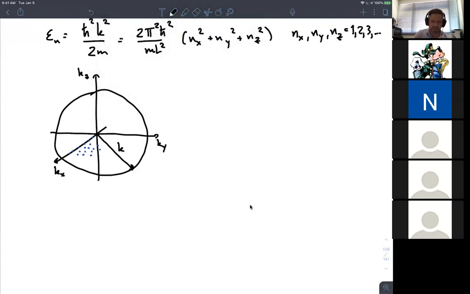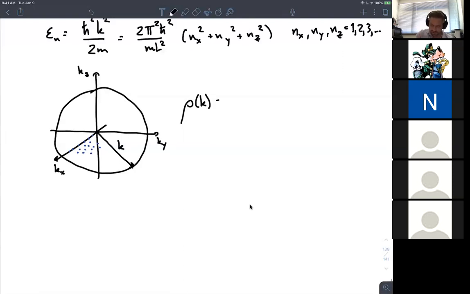And what we showed on Wednesday is that the density of points in this grid is equal to V over 2 pi cubed, like so.